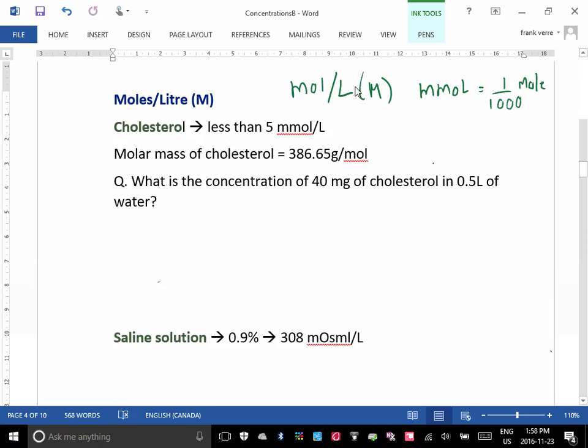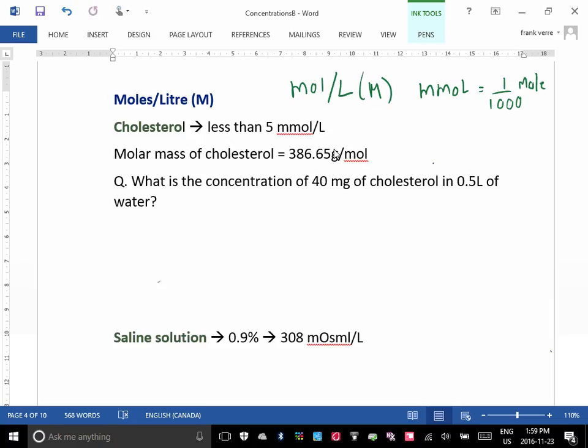Moles per liter is big M. So millimole, just like what's a milliliter? Thousandth of a liter, right? What's a milligram? Thousandth of a gram, right? So it's the same thing. So millimole is a 1,000th of a mole.